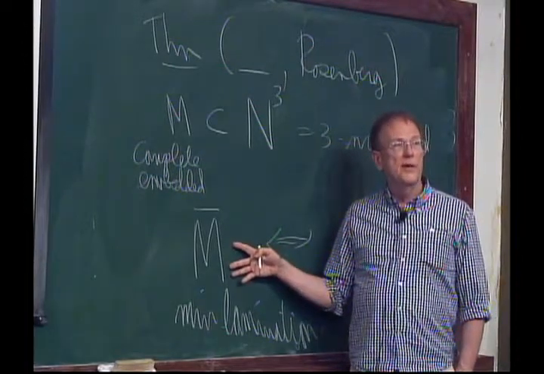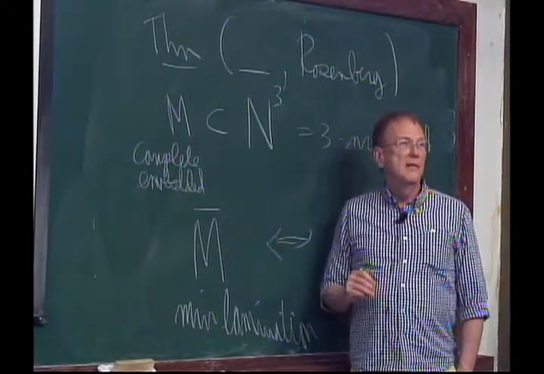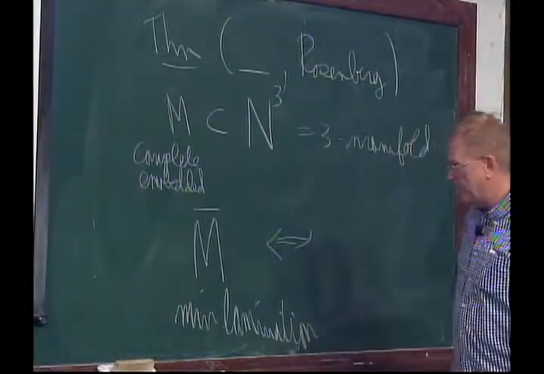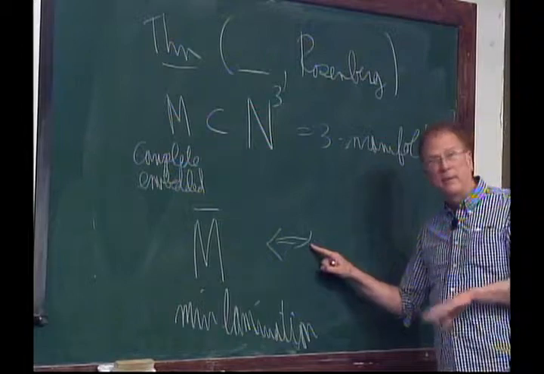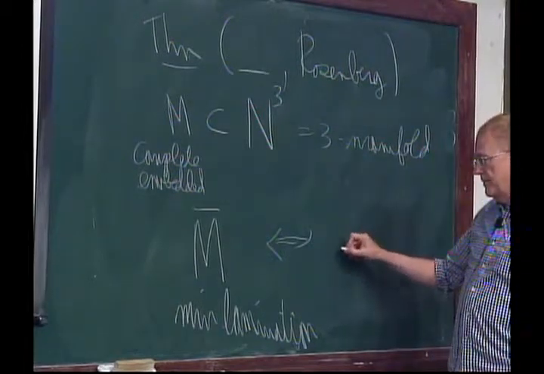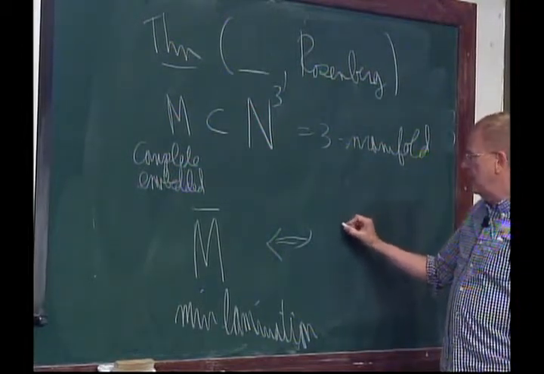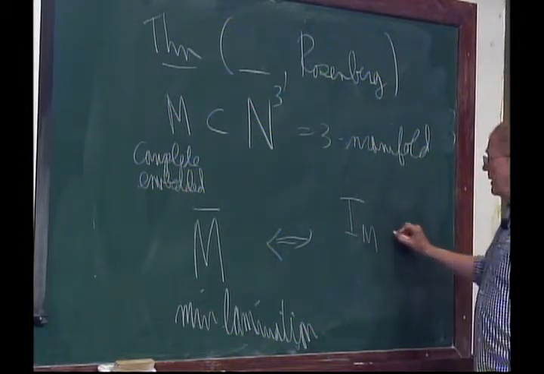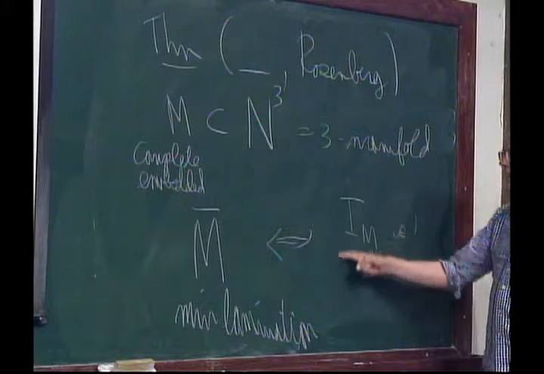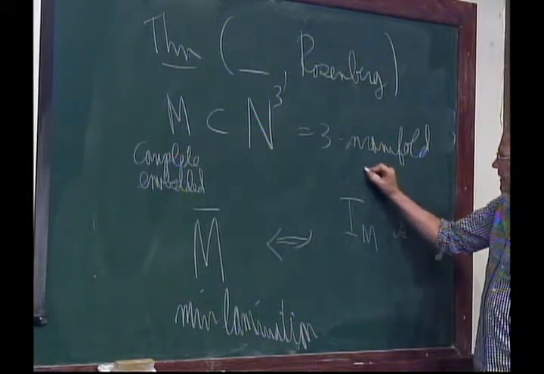The second fundamental form has to be bounded on compact sets. But the condition that somehow gets us that property is that the injectivity radius function of the surface is bounded. Think of it as an ambient function in N.